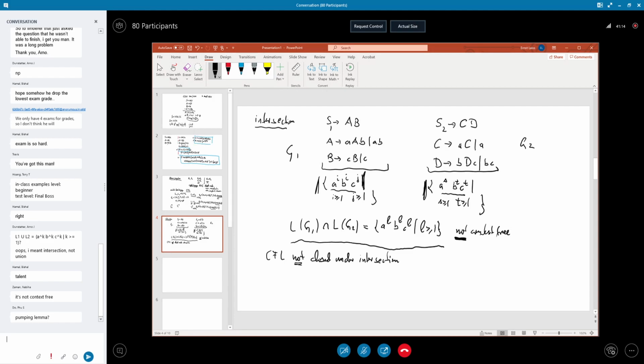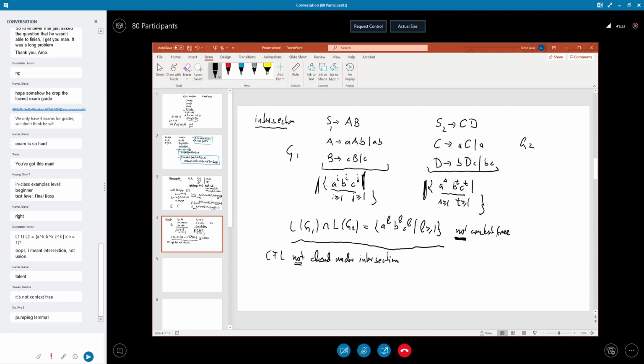If you remember, it was A to the N, B to the N, C to the N, but it doesn't make any difference whether we call that index L or N or anything else. The issue was that we had a bunch of A's followed by the same number of B's followed by the same number of C's.